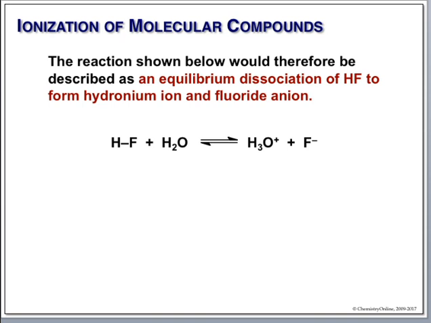What if it goes this direction 10 times faster than it does this one? That means that if you took a snapshot, you would have more hydronium and F minus than you would this stuff, because it's going 10 times faster this way than that way. This is the position of the equilibrium.